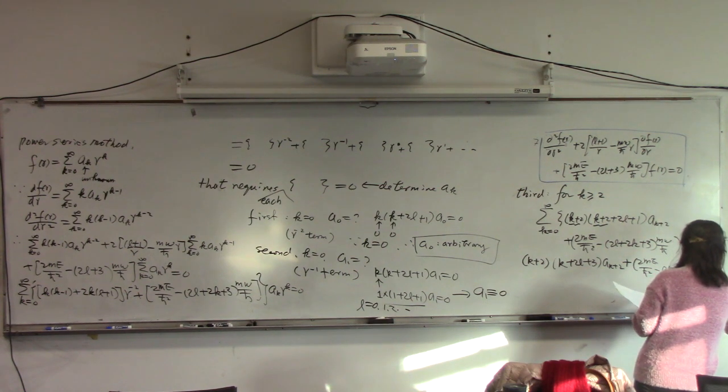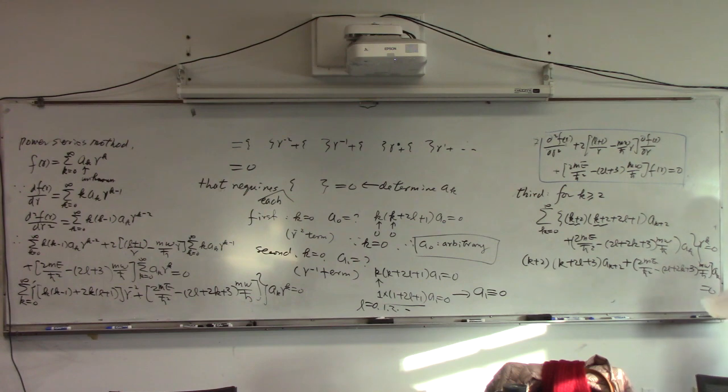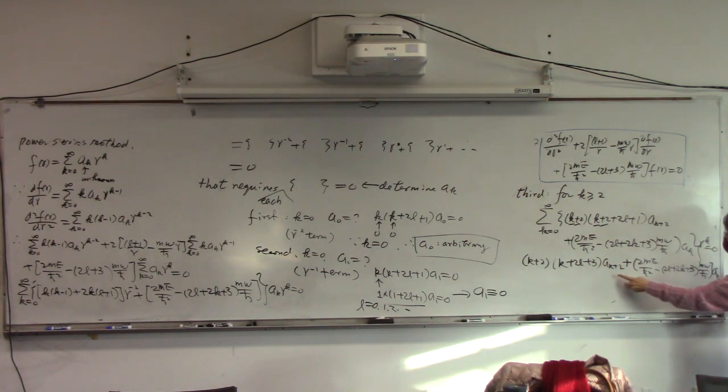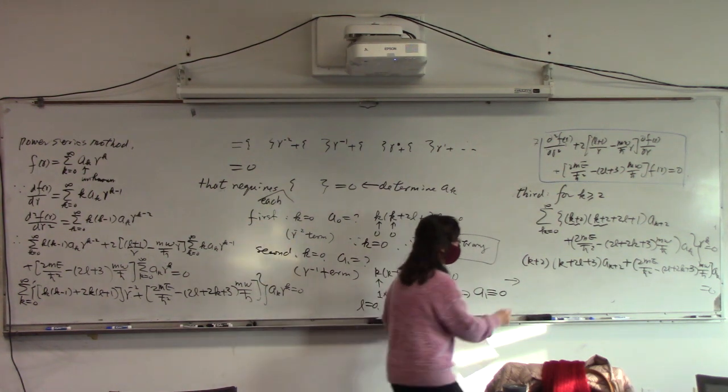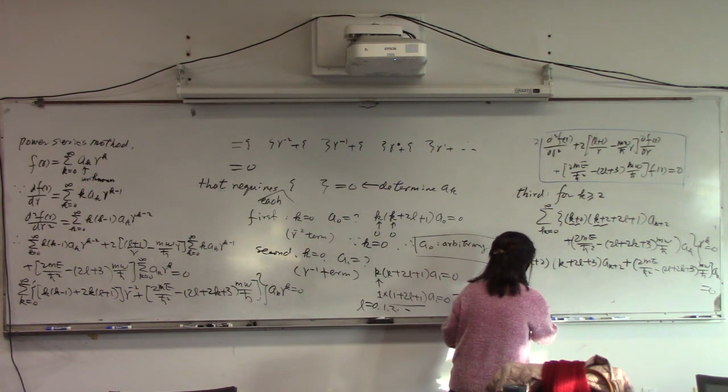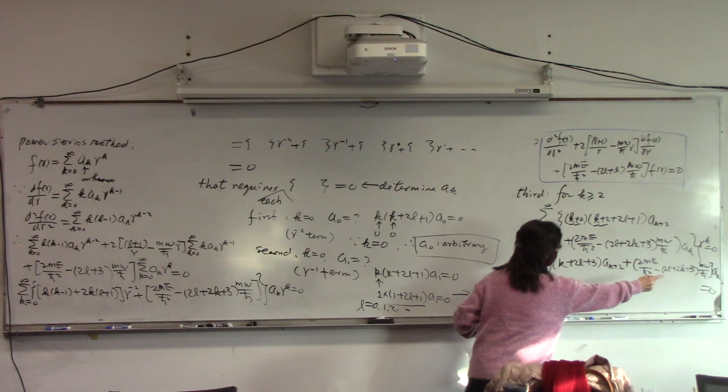For any k, if I ask for any power of k from 0 to infinity, if this equal to 0, so coefficients be 0, then that coefficient is for given k, the first term be k plus 2 coefficient, and this second term is a_k. This term add together should be equal to 0. Then we immediately found the relation between a_{k+2} and a_k. So a_{k+2} is, I divided this to the left hand side, right?